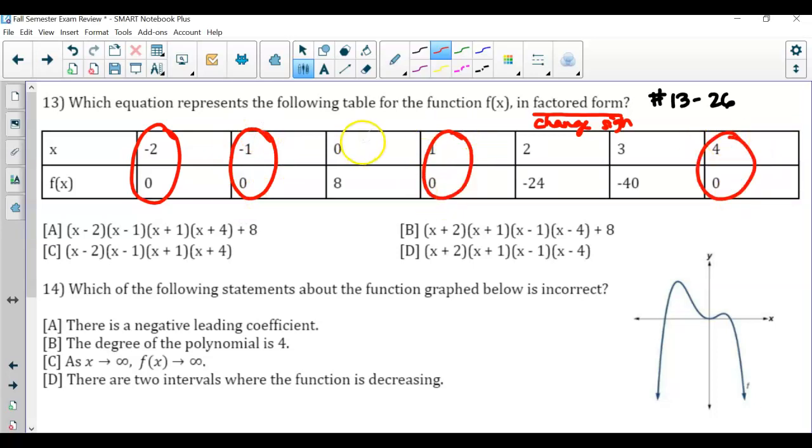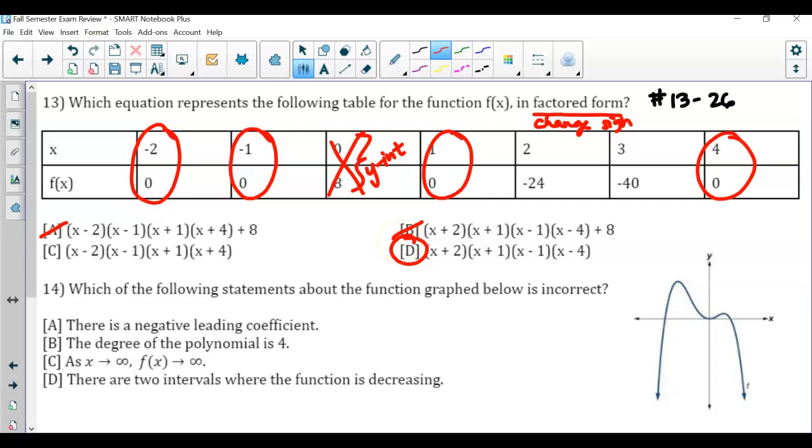The point (0, 8) is the y-intercept where it crosses the y-axis, so we do not need 8 as part of our equation. That's why A and B are not a solution, but as I go through to identify, the answer here is B.